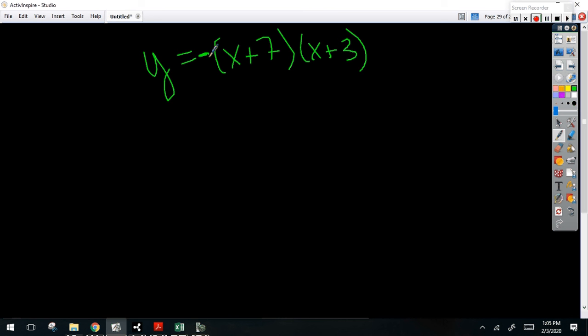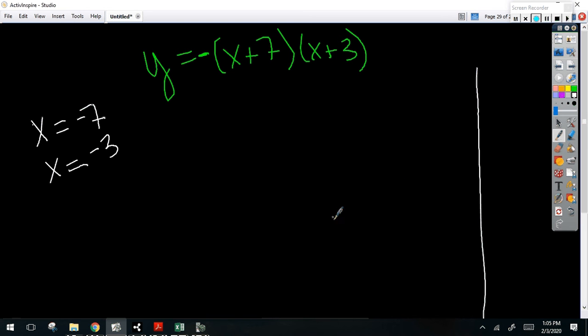Okay, so in this case, it's -1 because of the negative in front. Tell me, where does this parabola cross the x-axis? And -3. One, 2, 3, 4, 5, 6, 7.